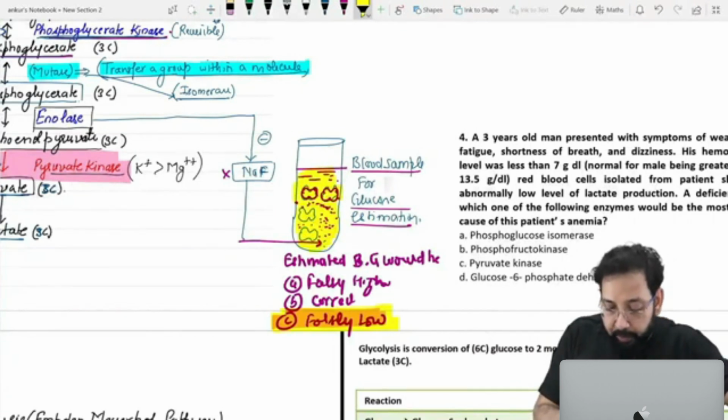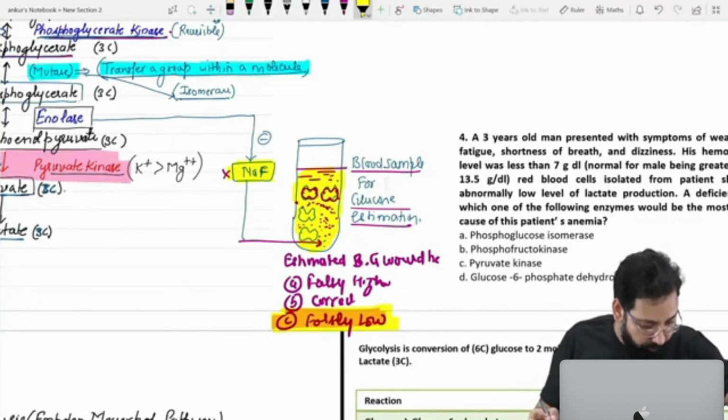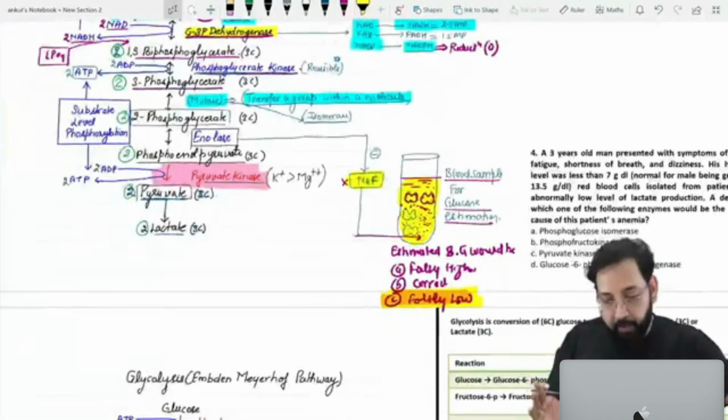So if you take a sample, always add sodium fluoride. Okay, so that is one clinical importance.